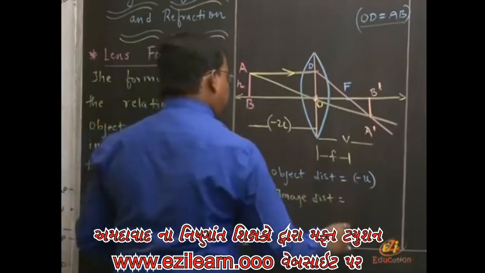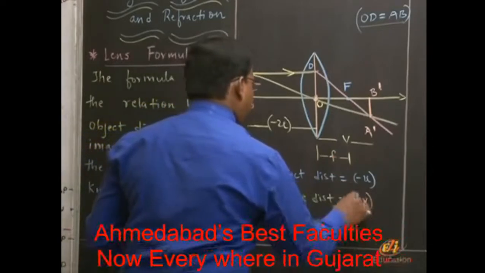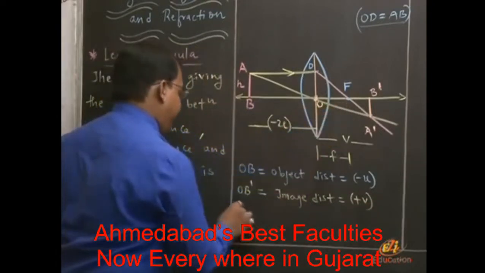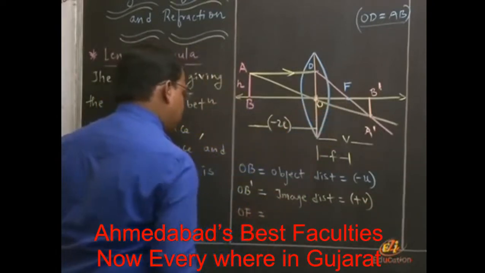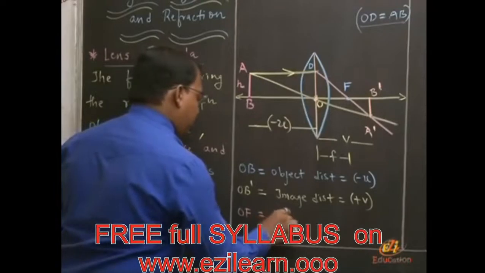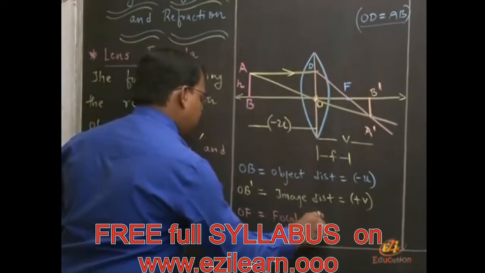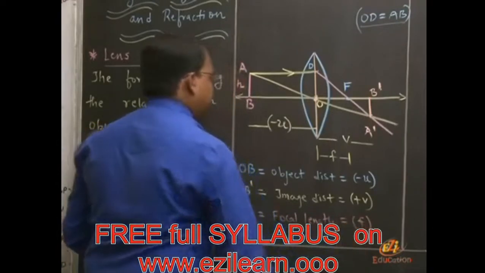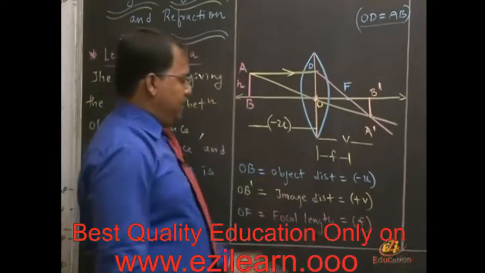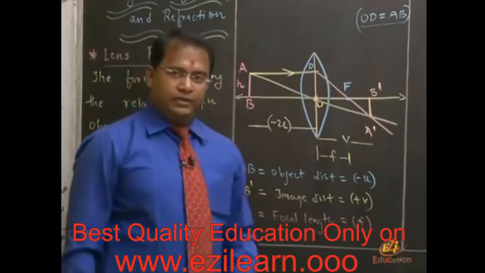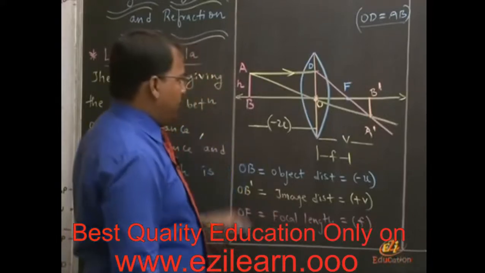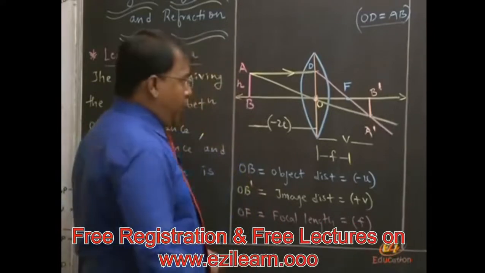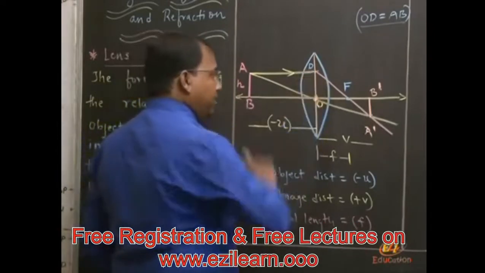It will be plus V as per the Cartesian sign convention. OF is the focal length, plus F. That's it. Object distance, image distance, and focal length. One thing you should remember, that AB is the height of the object. Equal to AB is OD.